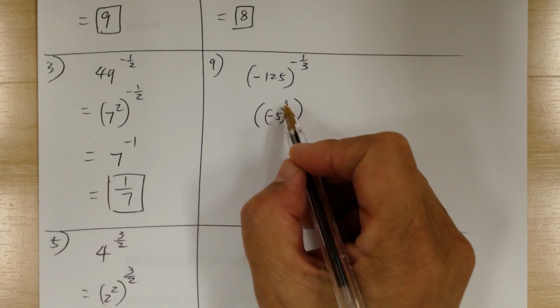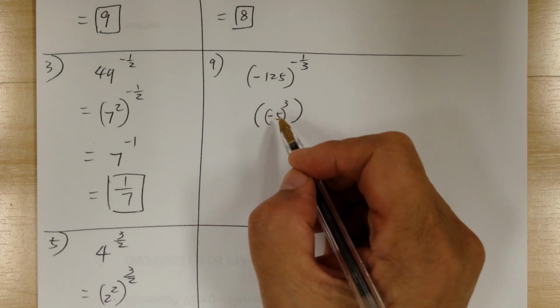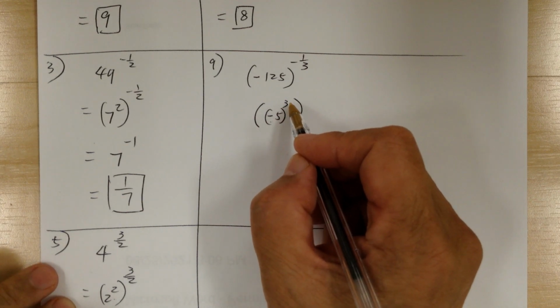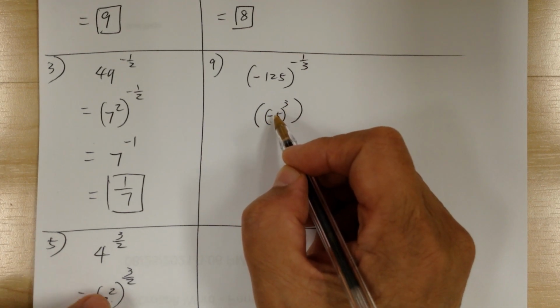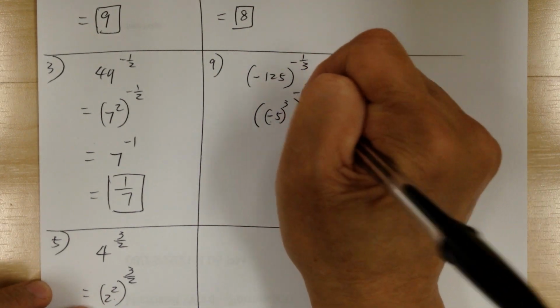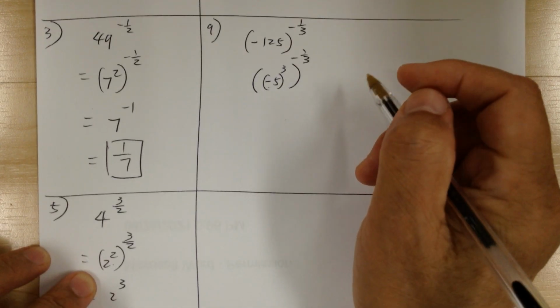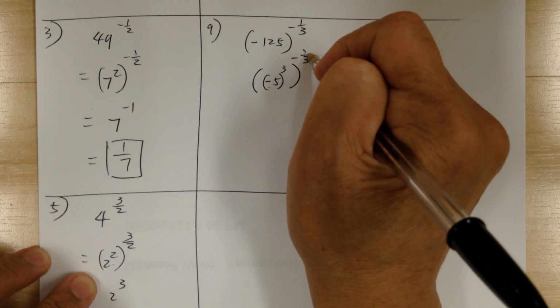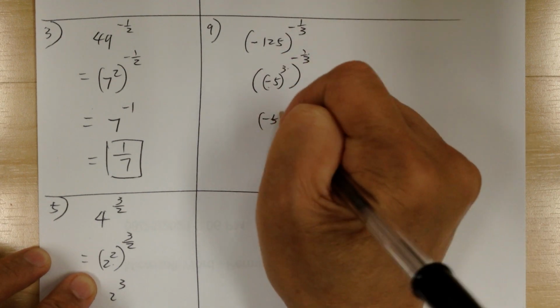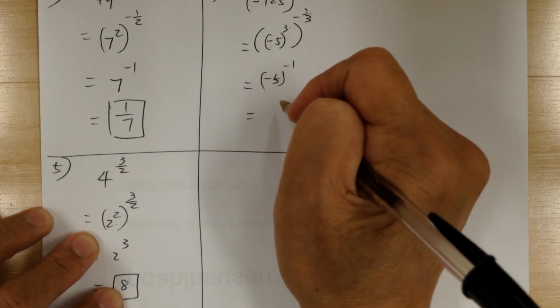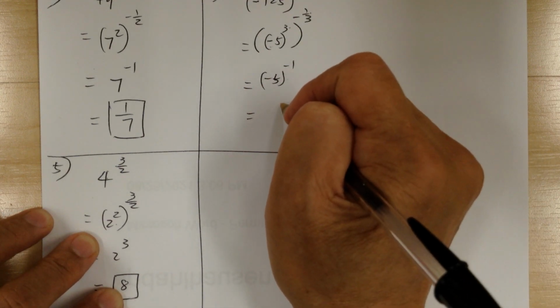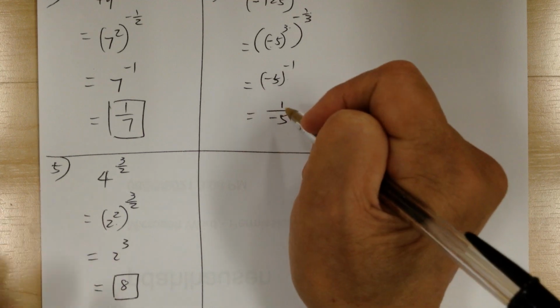Now, the exponent is odd, so in this case it doesn't matter, but if the exponent is even and you're not careful with your parentheses, you can mess up on the sign. So now this becomes negative 5 to the negative 1 power, and when you flip it over, you get 1 over negative 5.